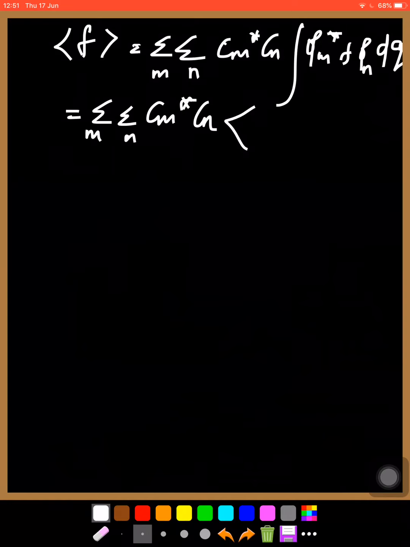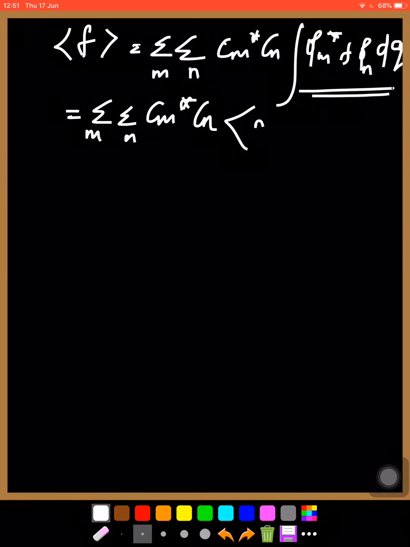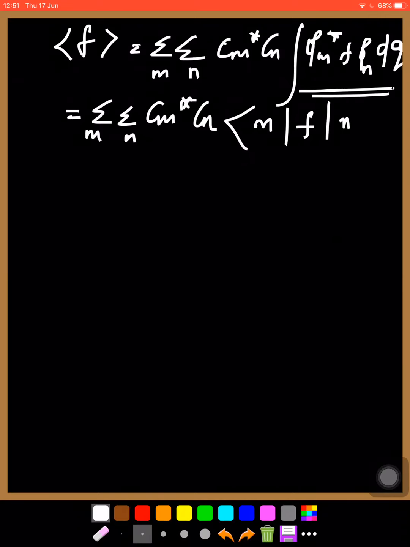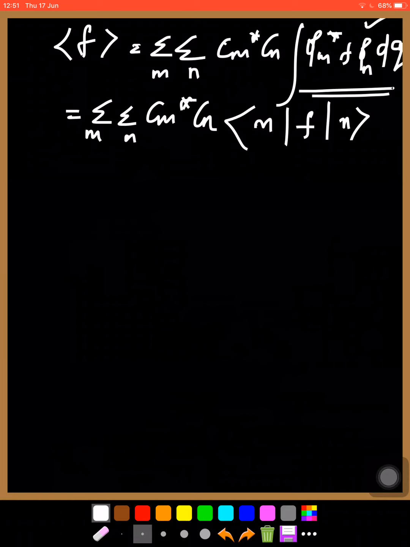Another representation of this integral is finding the expectation value within the states phi m and phi n. It is the same expression, just another notation. And this is the expectation value.